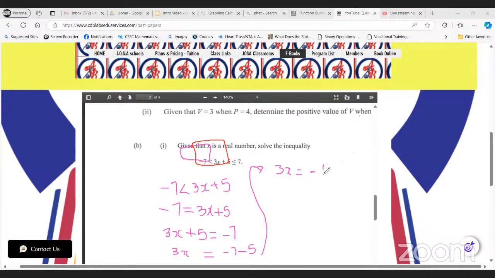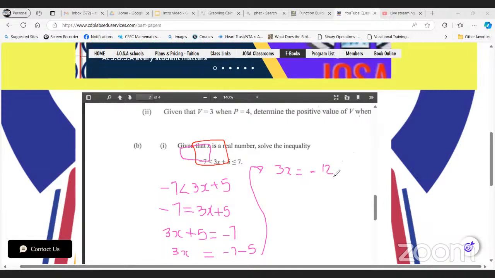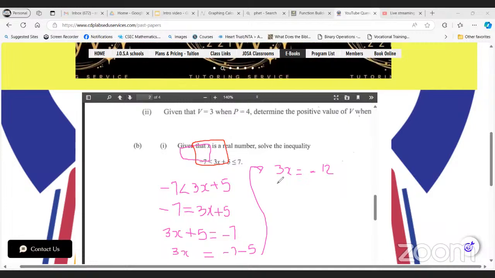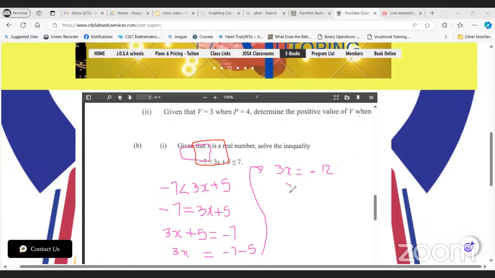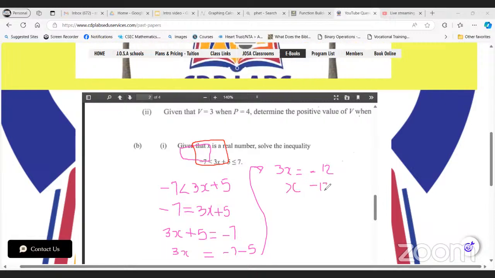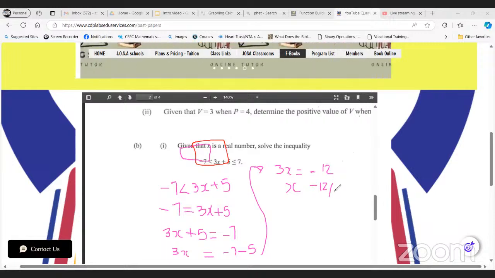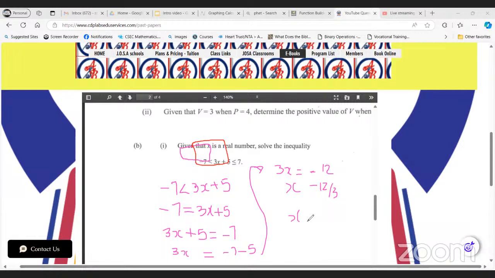And it is asking what number, when multiplied by 3, will give us -12. Of course, that would be -4. So -12 divided by 3 will give you -4.